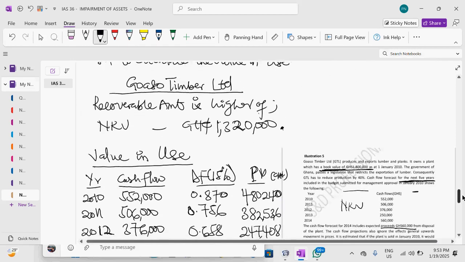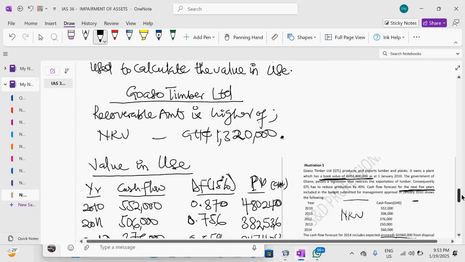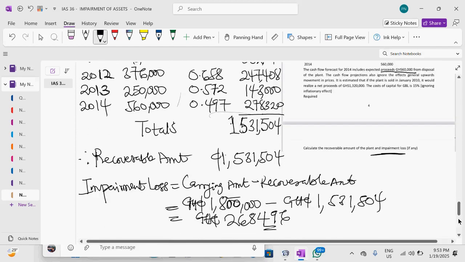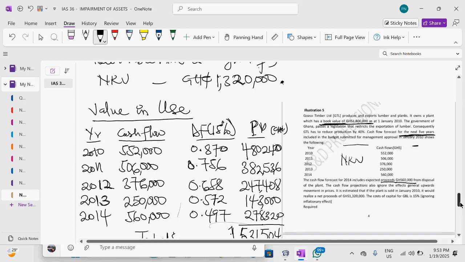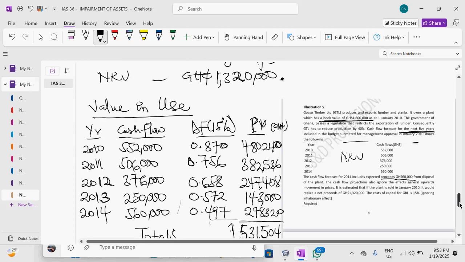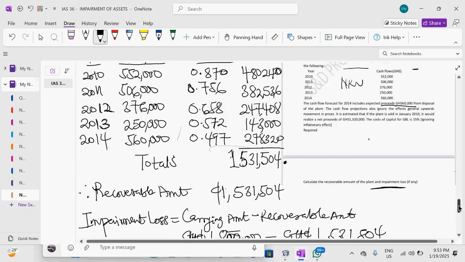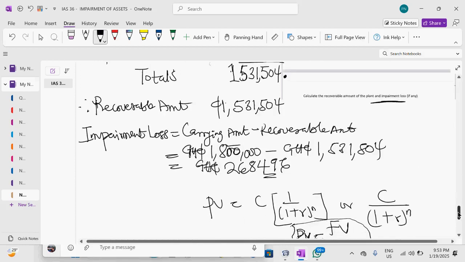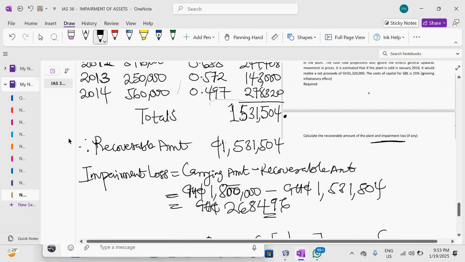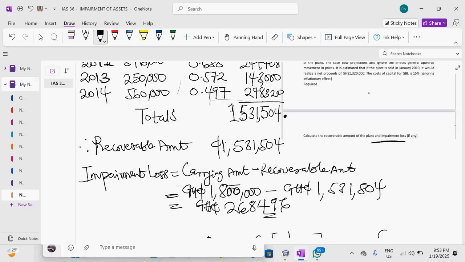The recoverable amount is the higher of net realizable value and value in use. This is the net realizable value and the whole workings is just for the value in use. The value in use is 1,531,504. So we pick the highest, which is the value in use. Usually the value in use is the highest. That's why I said, therefore, the recoverable amount is 1,531,504.